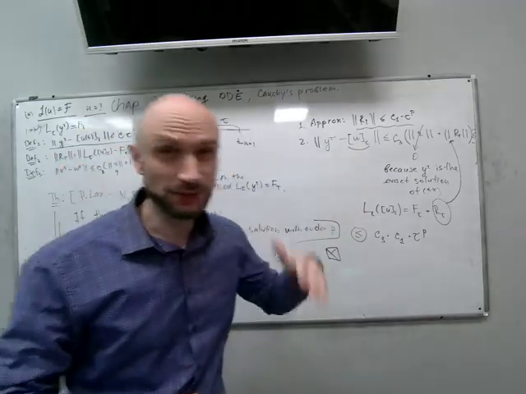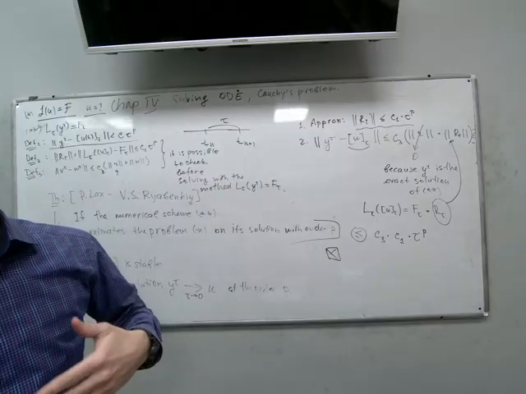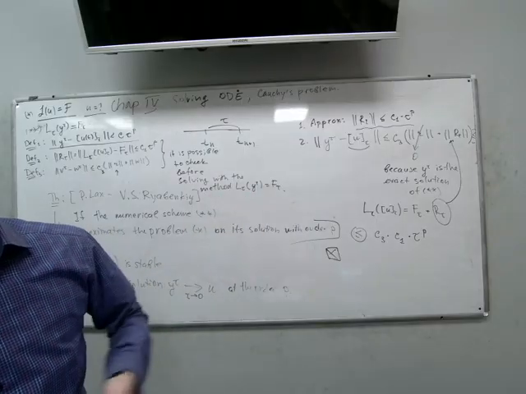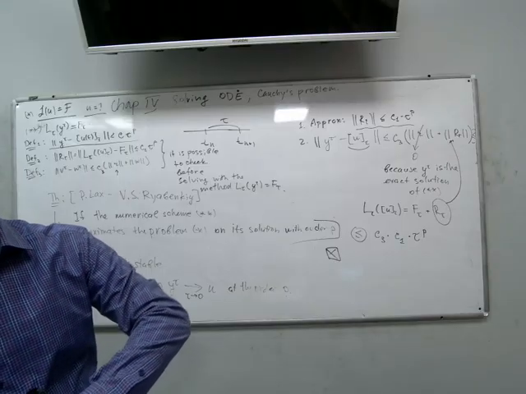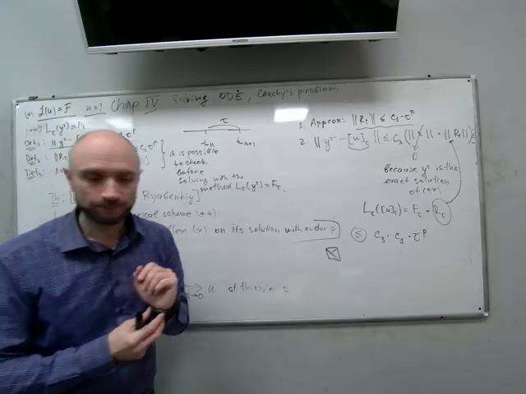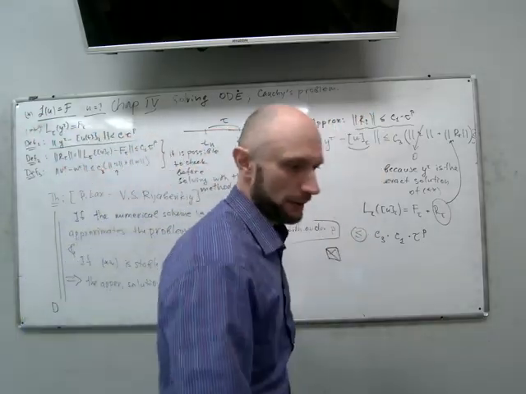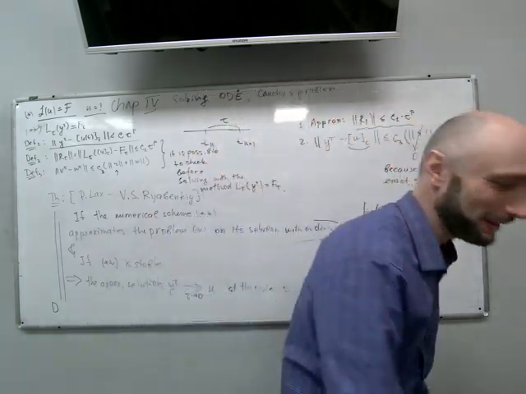For simple methods like Euler, it's easy to do directly. For more complicated methods like the ones that we need to introduce, it's not going to be that easy. Okay, I think that's enough for today, for the theory.